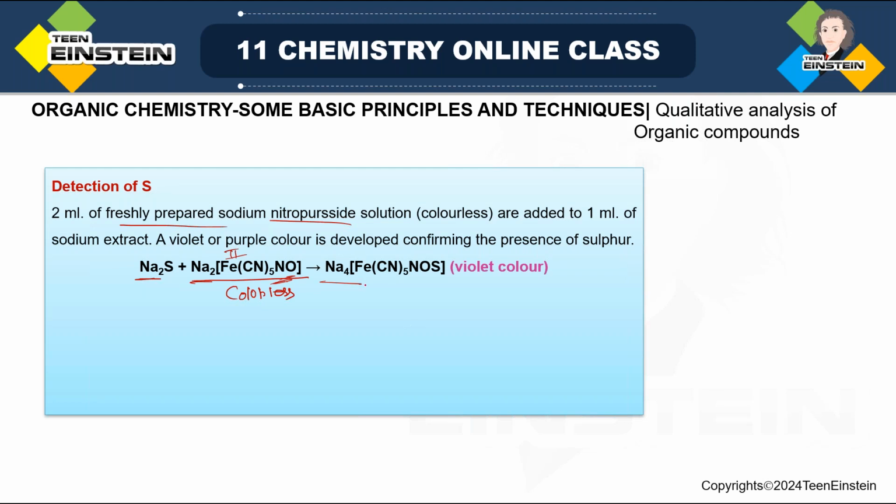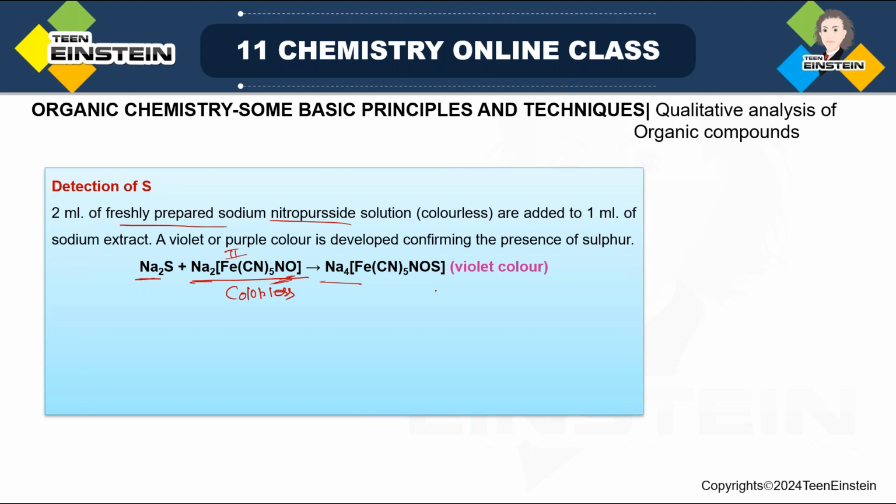Now with Na4: Fe has 5 cyano, so negative charge will be there, and from NOS also there will be negative charge. As a result, there will be a total of 4 negative charge, which will be balanced by 4 sodium ions. And this will have a violet color. So if this observation is there, we can say that sulfur is present.